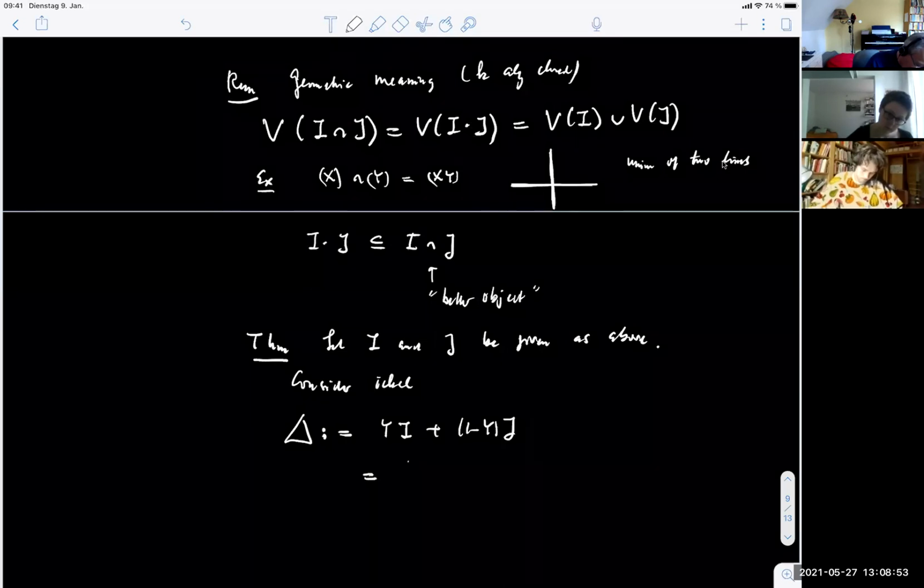I can make it more concrete by writing the generators. Here I multiply all generators, the F's I multiply with y, and the G's I multiply with 1 minus y. Consider this ideal in this polynomial ring.